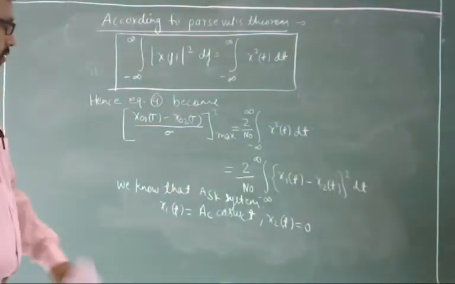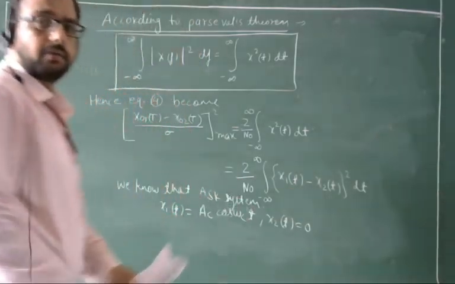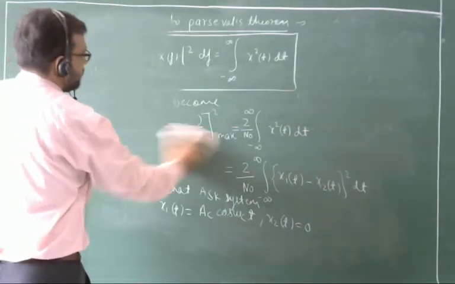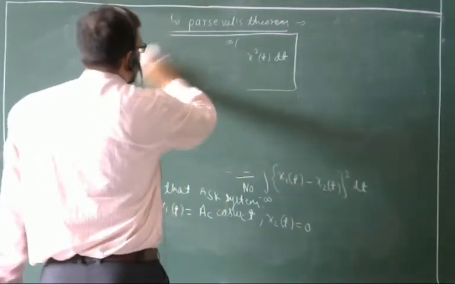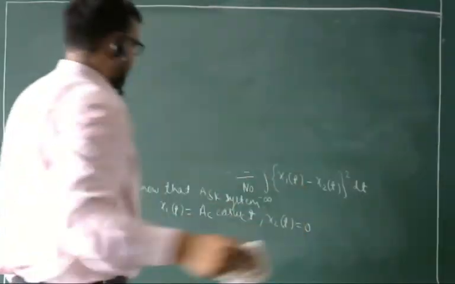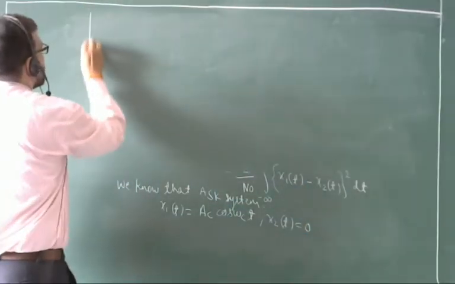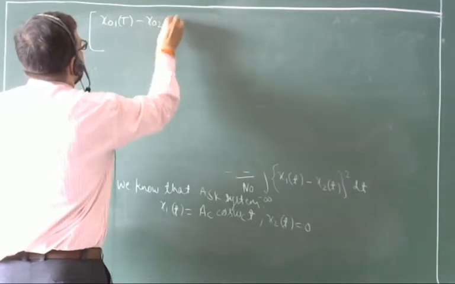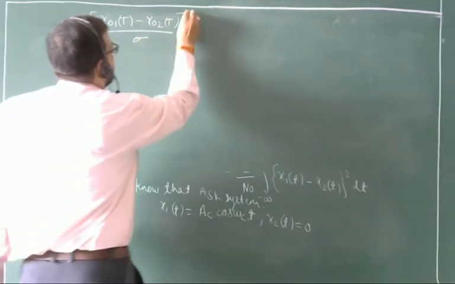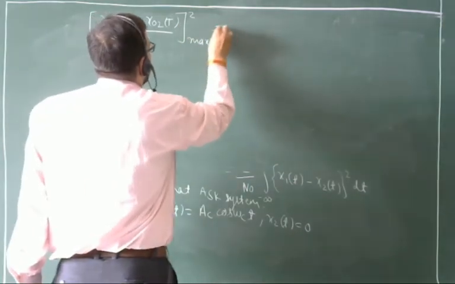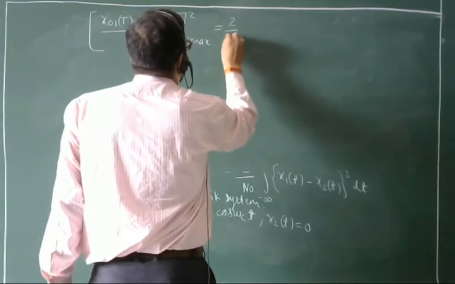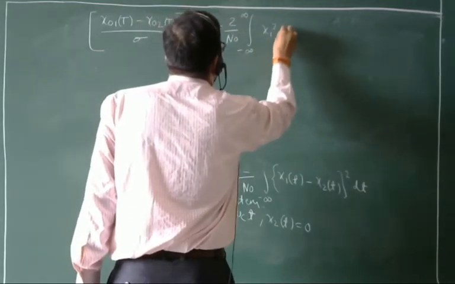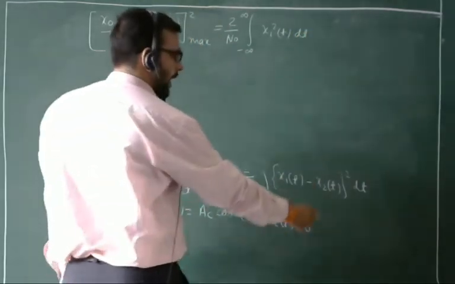Simply place the value of x1 t and x2 t in this equation and we get (x naught 1 t minus x naught 2 t) upon sigma square, maximum, is equal to 2 upon N naught times the integral from minus infinity to infinity of x1 square t dt, because x2 is equal to 0.